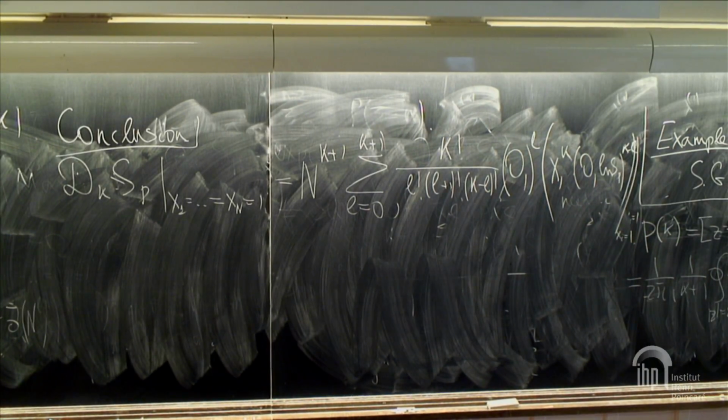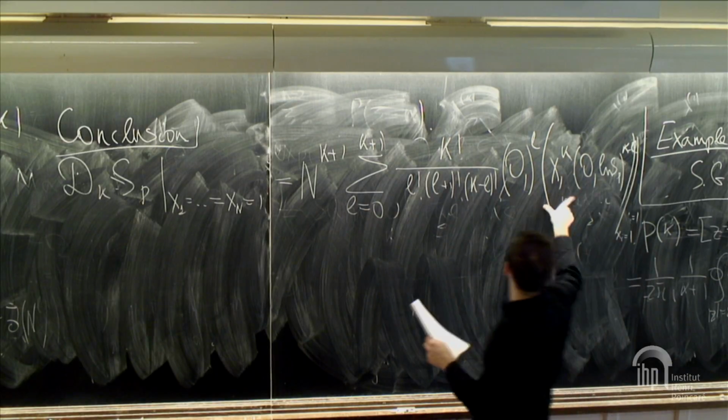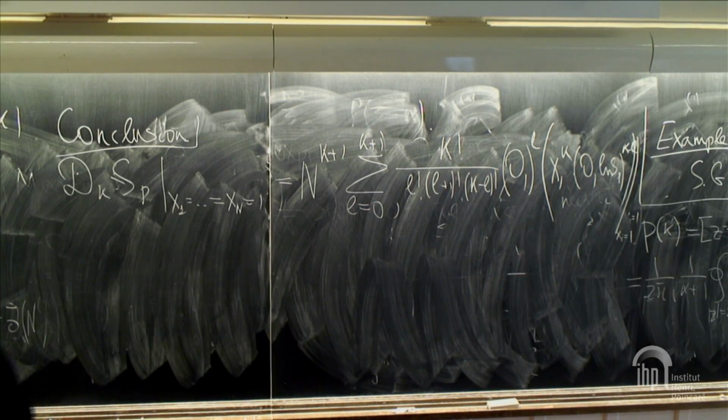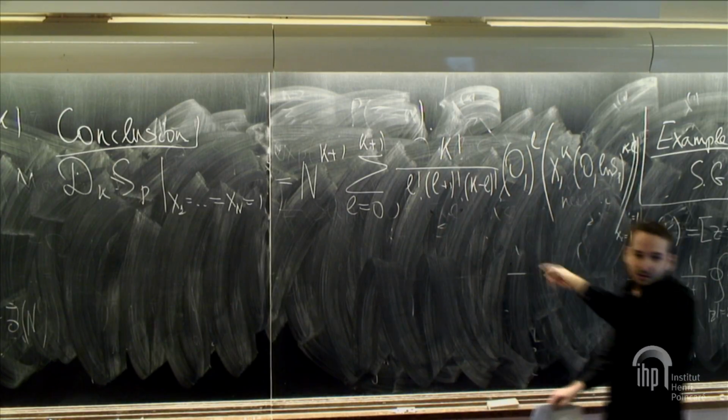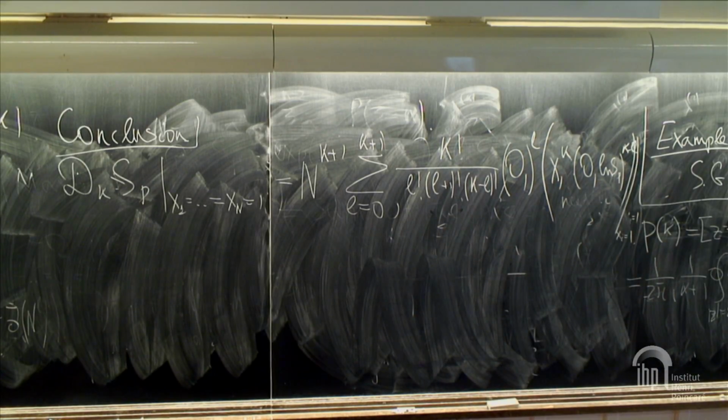OK, so what's the difference with what we had before? We already figured out this term. That's precisely this one. So the only new information here is these binomial coefficients. How do they appear? That's because I was never carefully taking into account all the combinatorial factors.